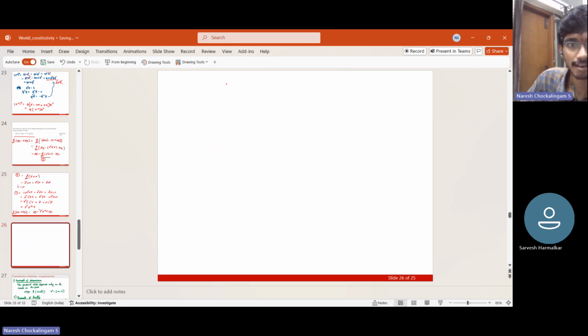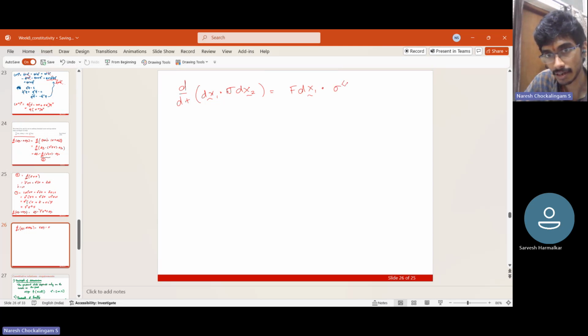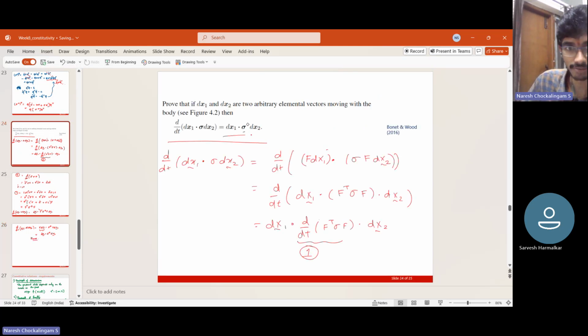So d by dt of dx1 dot sigma dx2 is nothing but F dX1 dot the convective stress rate F dX2. So F dX1 is nothing but dx1, and this is dx1 dot convective stress rate dx2. So this completes the proof. This is what we wanted to show here.